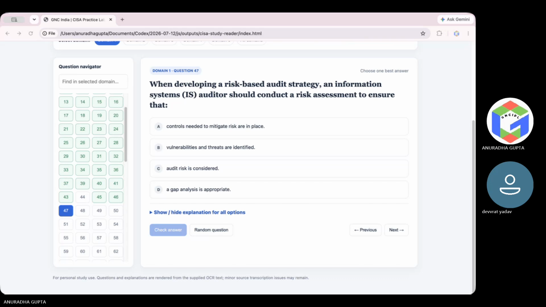Correct, B. So the question is: when developing a risk-based audit strategy, an IS auditor should conduct a risk assessment to ensure a control needs to mitigate risk are in place, vulnerabilities and threats are identified, audit risk is considered, and a gap analysis is appropriate.